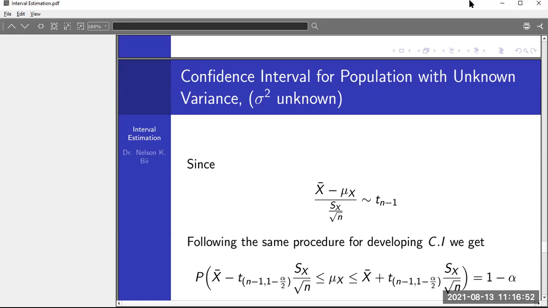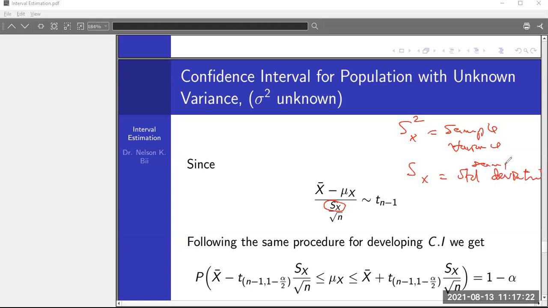Thank you. So this is just to mention the confidence interval for population with unknown variance. When the population variance is not known, then we use the sample variance. So Sx squared here is the sample variance, or Sx is the sample standard deviation.